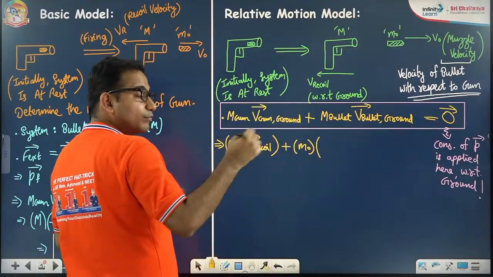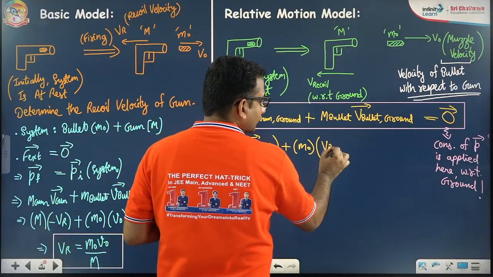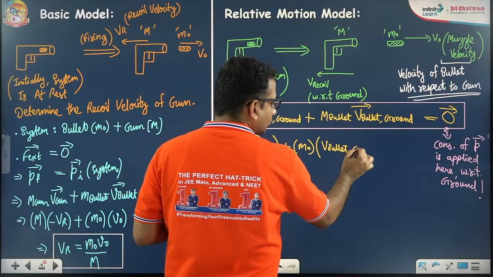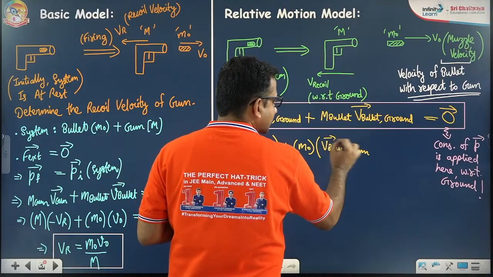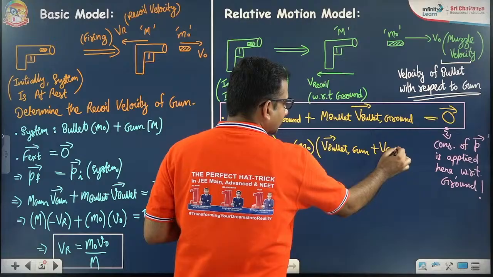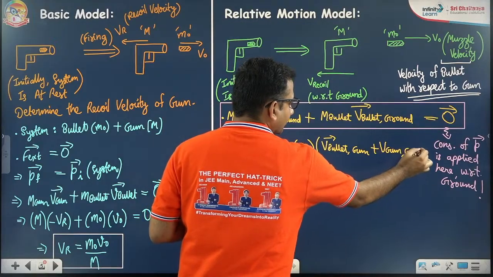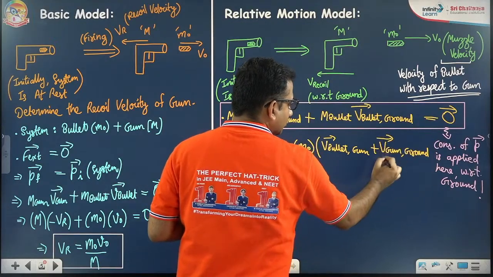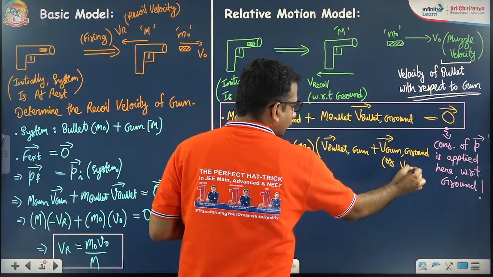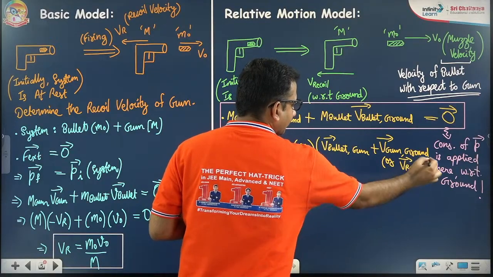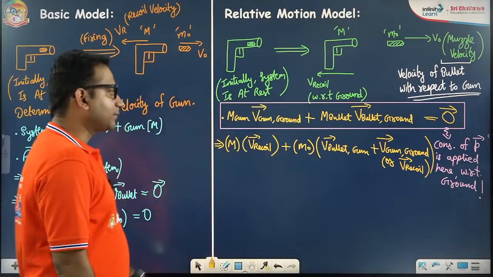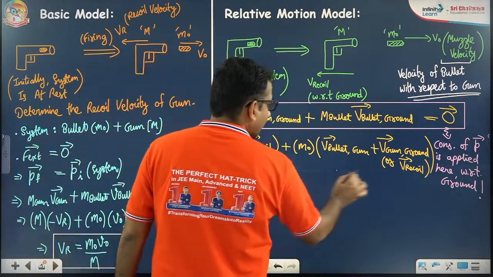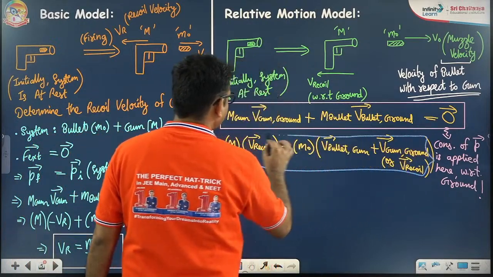Now velocity of bullet with respect to ground can be written as velocity of bullet with respect to gun plus velocity of gun with respect to ground, or this is also called the recoil velocity. Okay, that must be equal to 0. I hope this is clear to you.